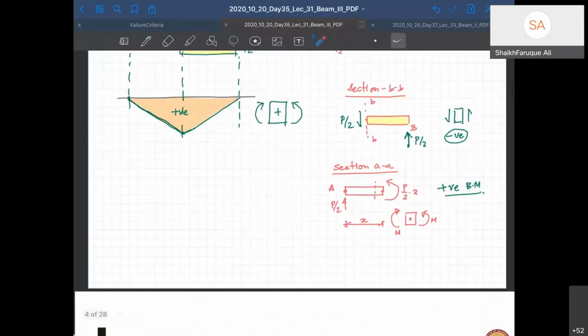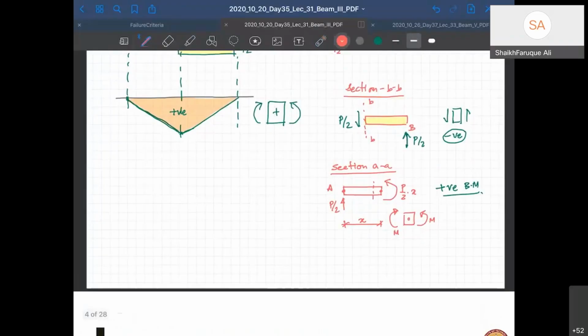So let's write it. Section BB, and there is a force P by 2 acting here. Therefore, to balance it, there has to be a moment acting this side, which will be P by 2 into x.